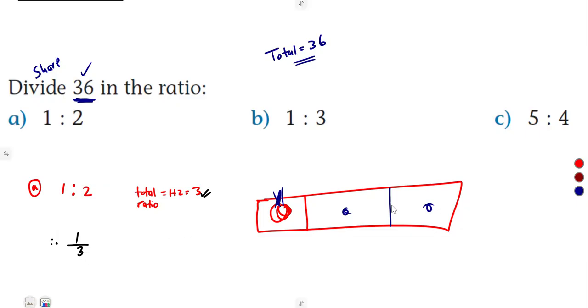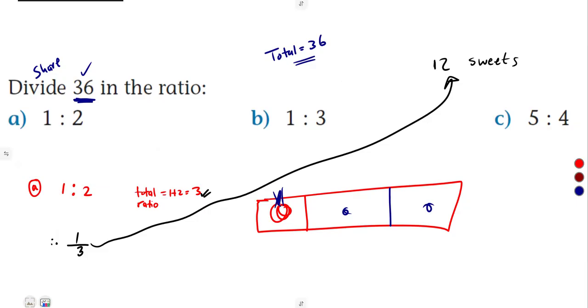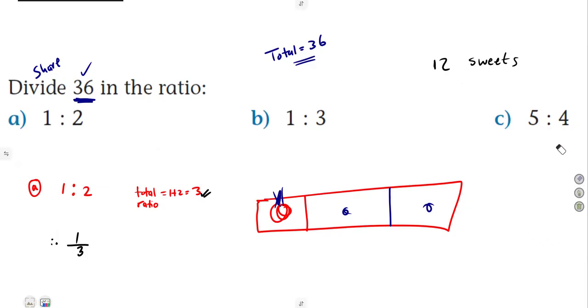So it is like this, guys. You are sharing 12 sweets, and you are 2 of you, and you got 1 out of 3. How do you now determine the number of sweets? So it's 1 out of 3 times what you are sharing. So in our case, we are sharing 36.